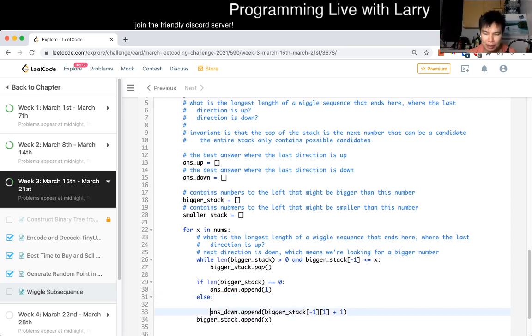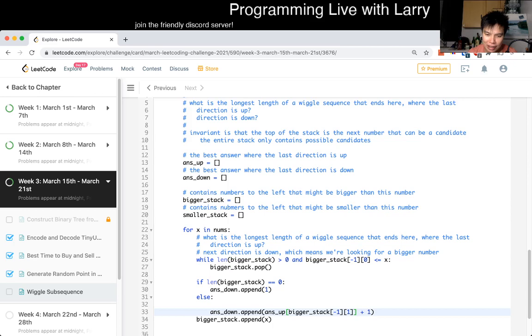And basically here, let's just say let's set this to 0, and then here, this is the index. So we want the answer up of there, right?